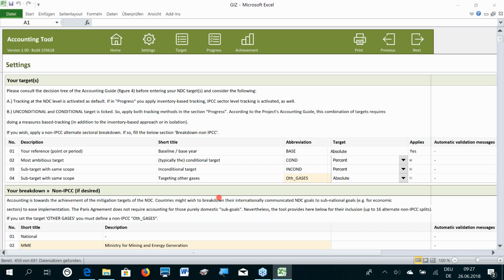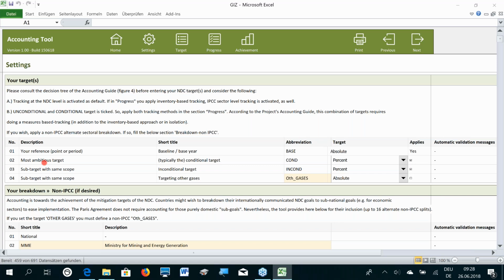And also, Mexico, for example, which is one of our counterparts, they have included black carbon as an additional climate pollutant, and have also a specific reduction target for this black carbon.